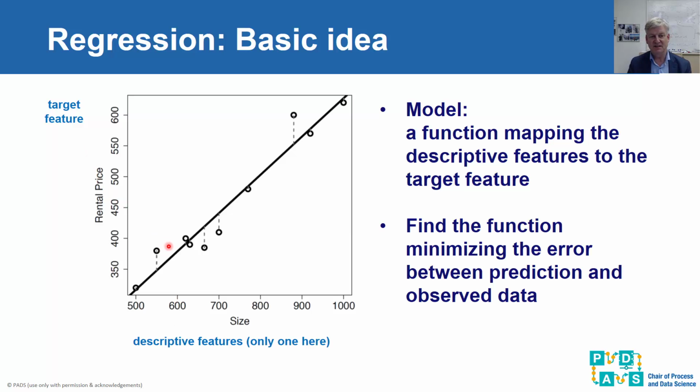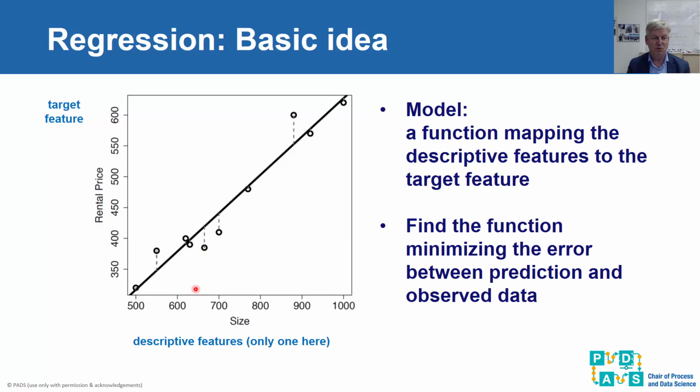And we assume that it is a linear function, as indicated here by the black line. What we would like to do is find the line, the regression formula, that minimizes the distance of the different observations from this line. We would like to stepwise minimize that.